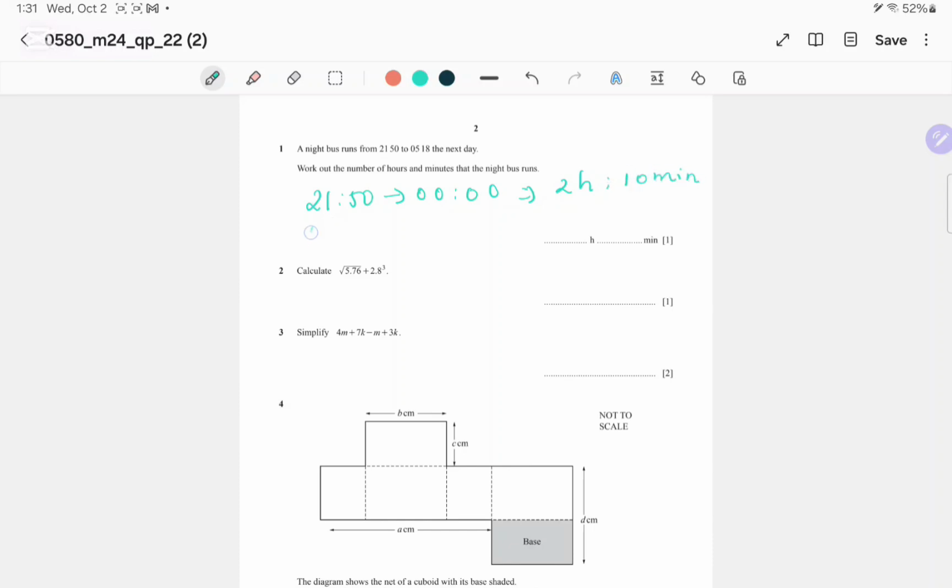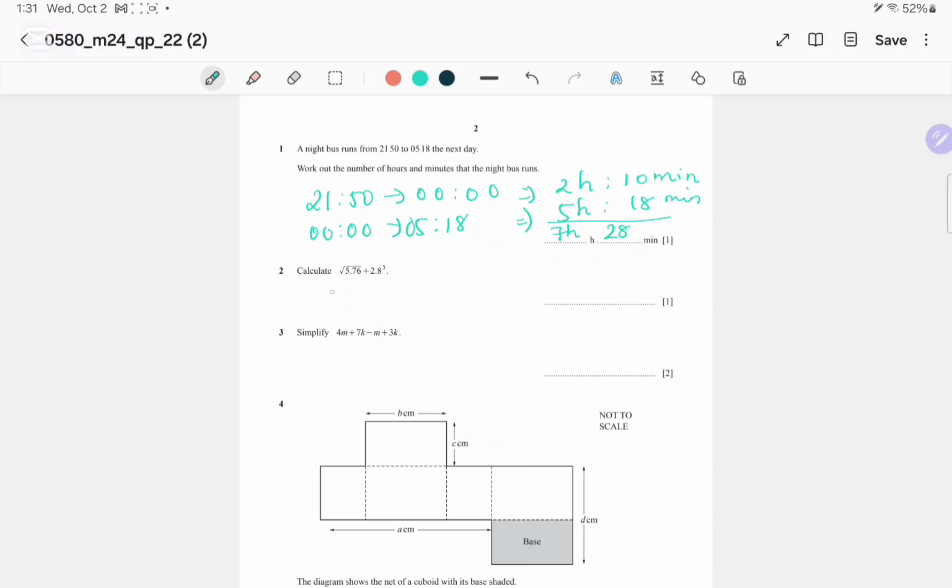From 00:00 to 5:18 in the morning is 5 hours and 18 minutes, so totally 7 hours and 28 minutes.